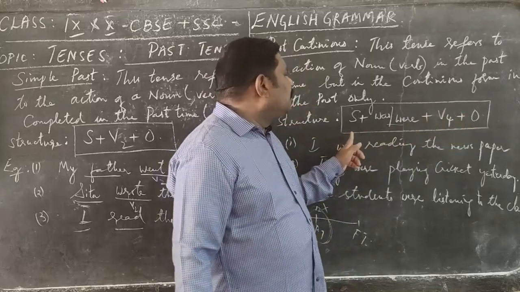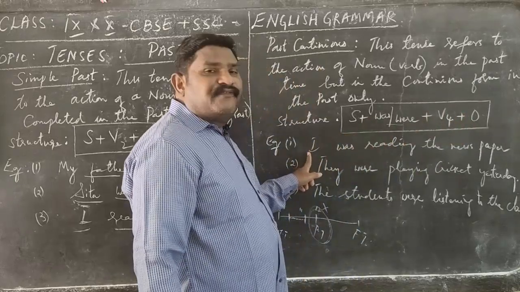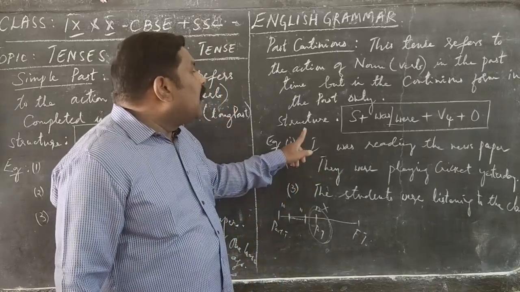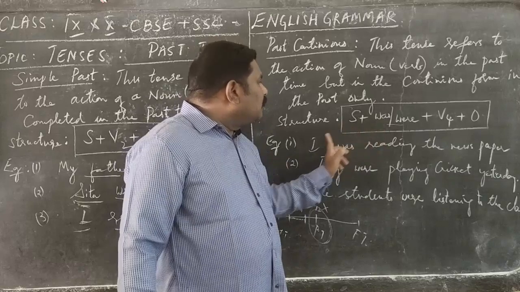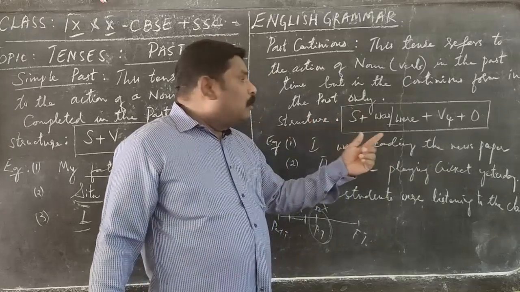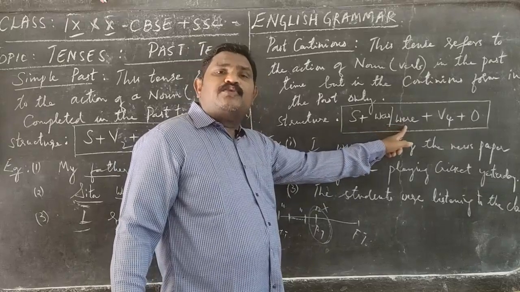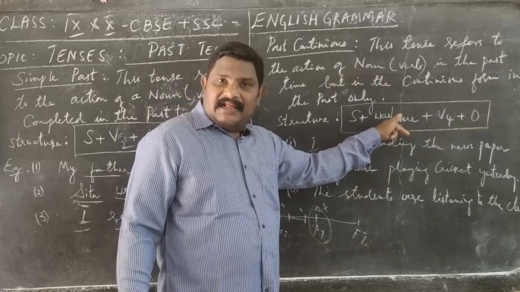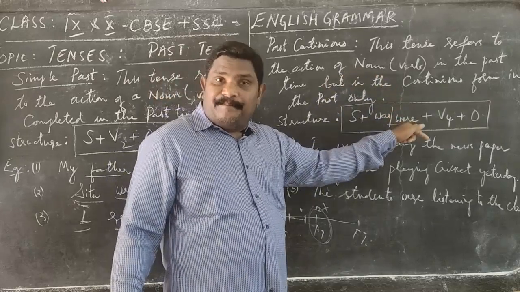Now if you see here, I have taken I as the first subject. I goes with what? I were reading? Can I say I were reading? No. Were has to be used when the subject is plural. They were reading. Children were reading.